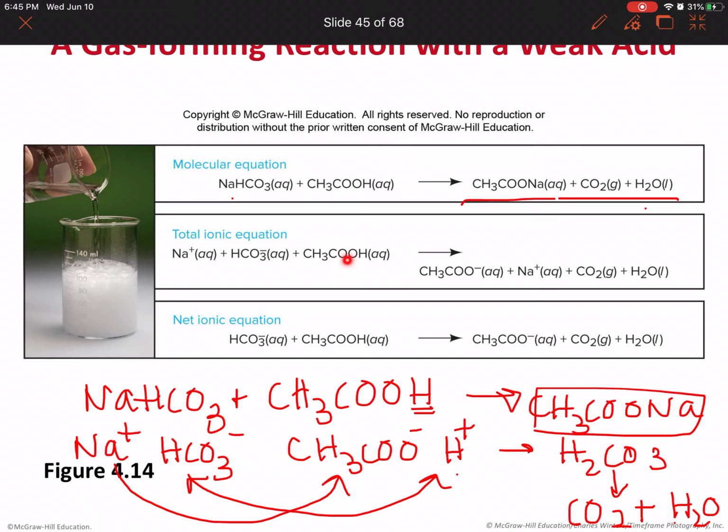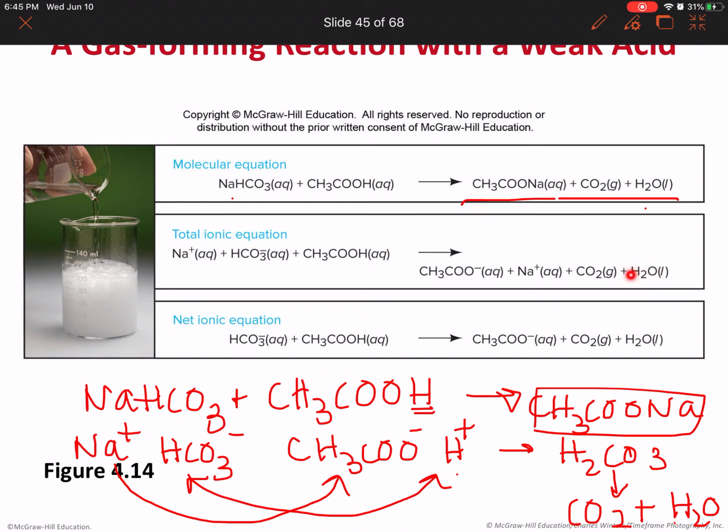We are not going to put it into ions in the total ionic equation. It's going to stay as the weak acid. And the sodium acetate, an ionic compound with sodium ion and the polyatomic ion acetate, is going to separate into its ions, and then carbon dioxide and water.